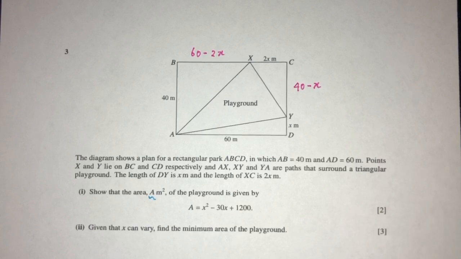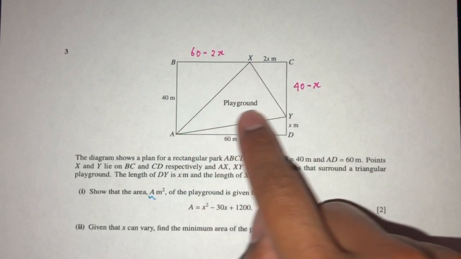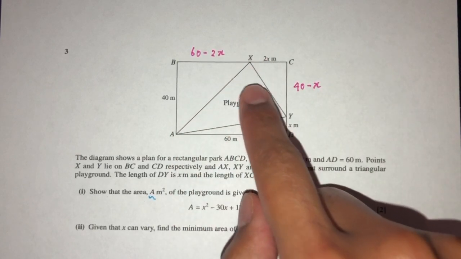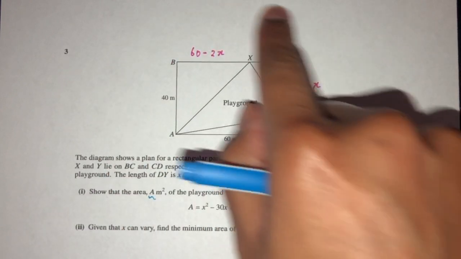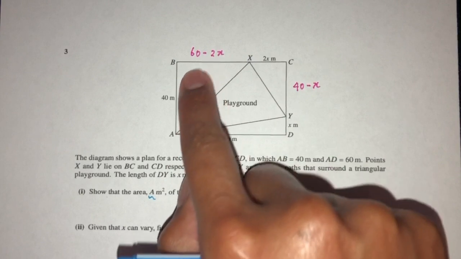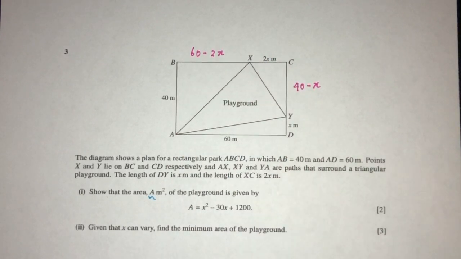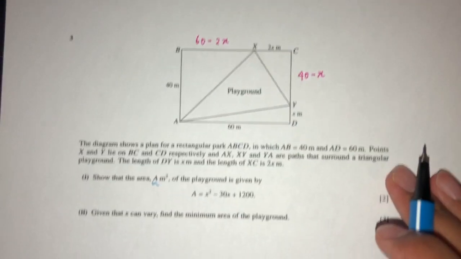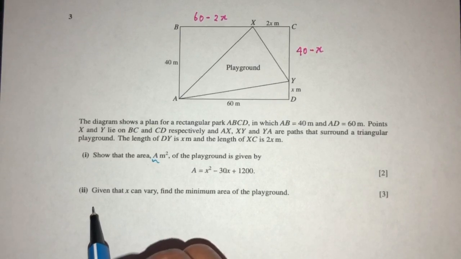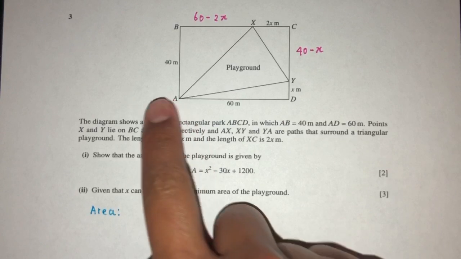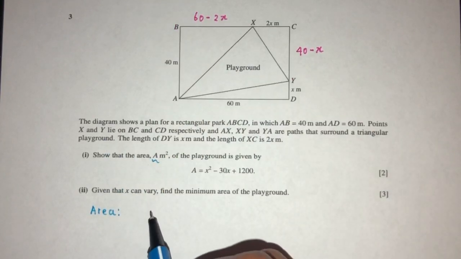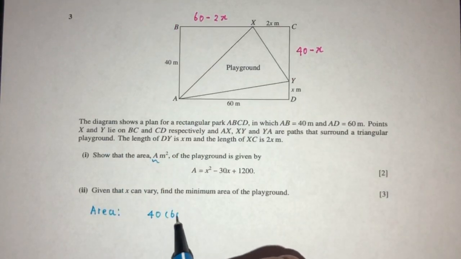One of the ways is we can look at this triangle separately. To find the area of this triangle, we can find the area of the whole thing, and then minus the area of this triangle, and this triangle. Okay, so step by step, to find the area of the whole thing, that will be area of rectangle, length times width, which will be 40 times 60.